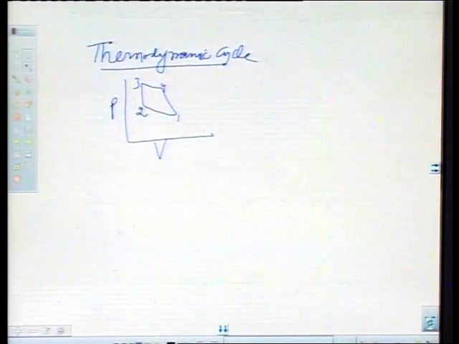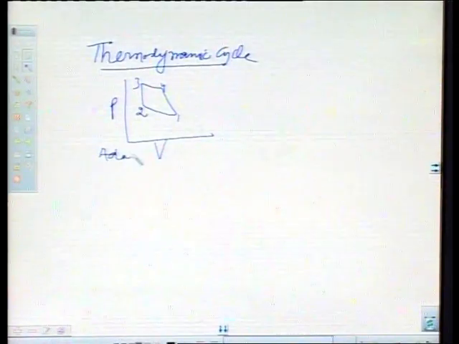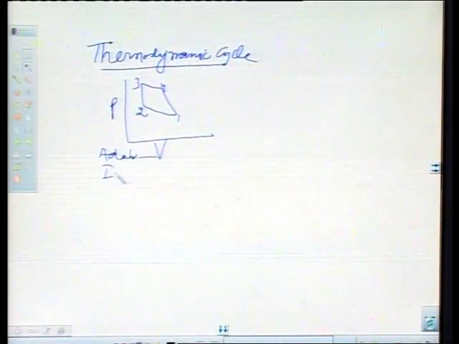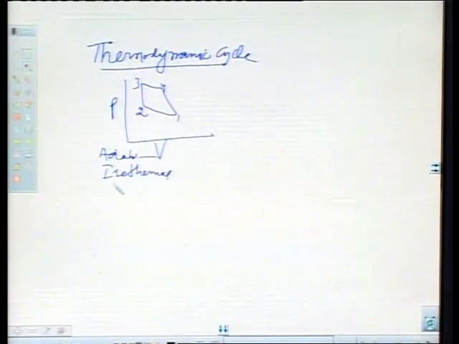The process may be adiabatic, may be isothermal, may be isochoric, may be isobaric.